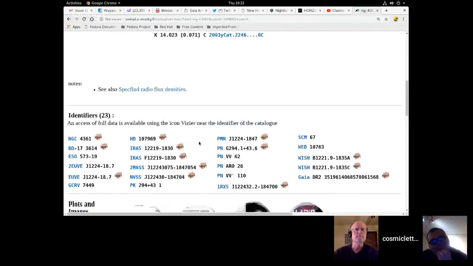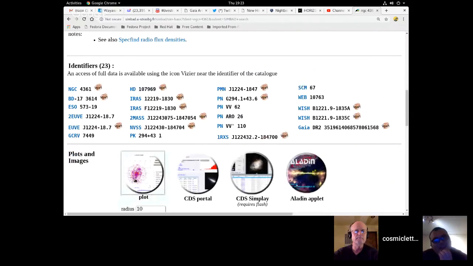All right, so there's a bunch of different names, like we normally expect. Don't see anything too outstanding here. Just your normal catalogs and whatnot. Gaia Data Release 2 has identified it. IRAS, I don't think IRAS is operational anymore.